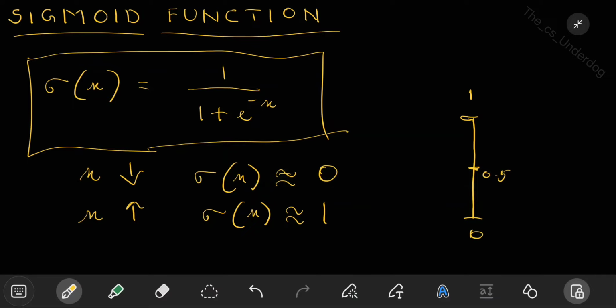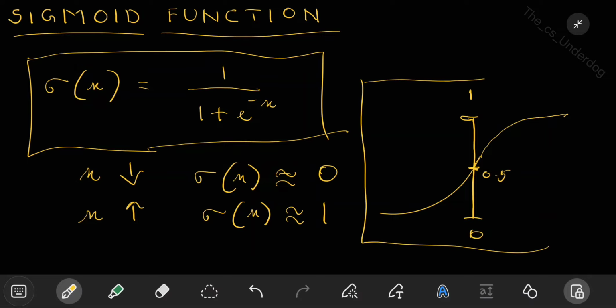It will increase and cross at 0.5, that is, when the value of x is 0, the value of the sigmoid function will be 0.5. Then it will go up and approach 1. So this is how the graph of the sigmoid function looks like. Till this point it is clear for you.